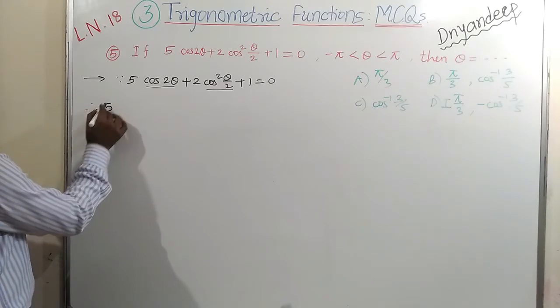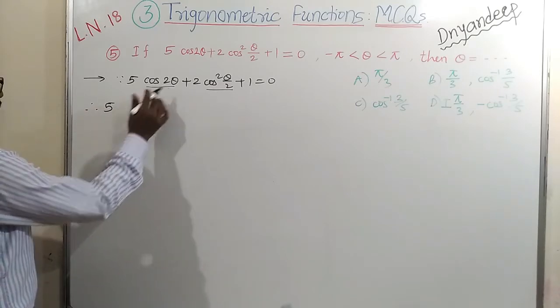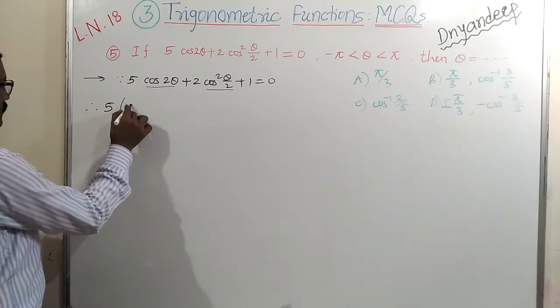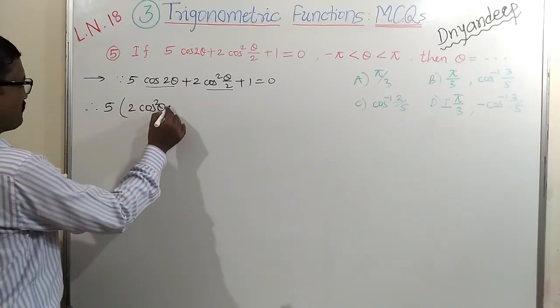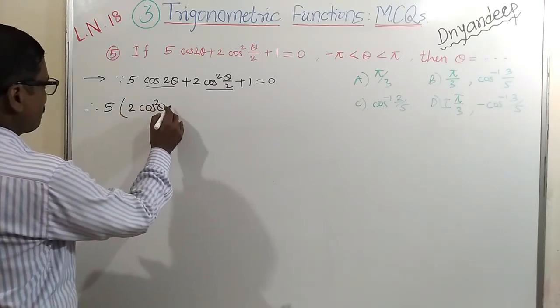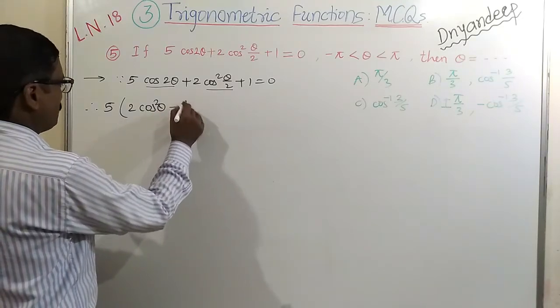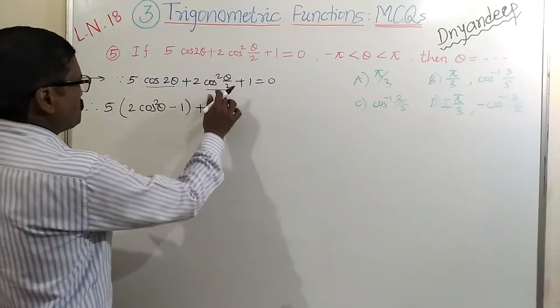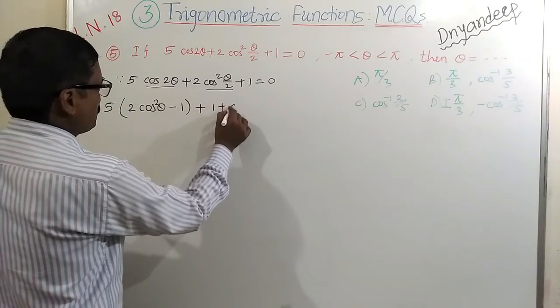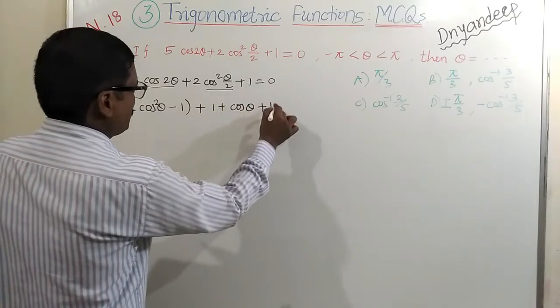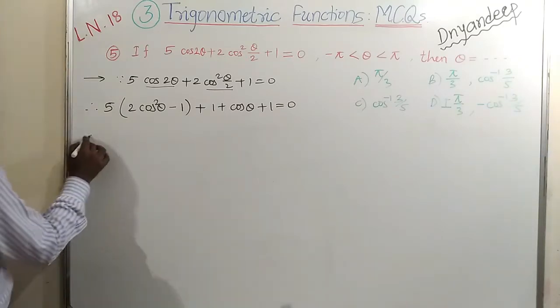Therefore, 5 into cos 2 theta is 2 cos square theta minus 1, plus 2 cos square theta by 2 is 1 plus cos theta, plus 1 equal to 0.